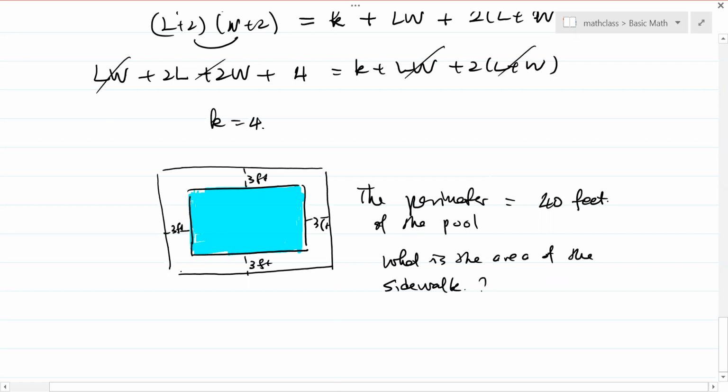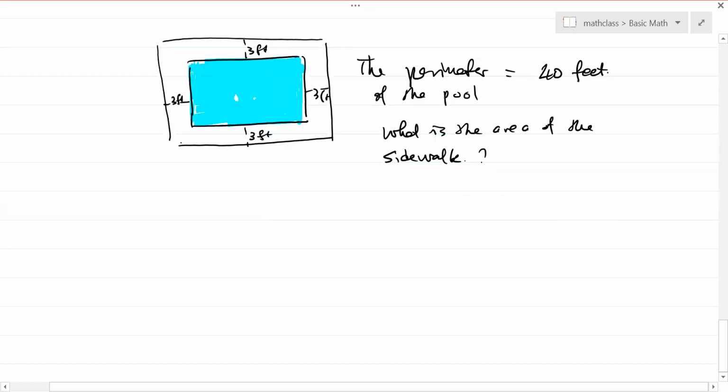Well, what is the area of the sidewalk? Now, think about it. I don't know the dimensions of the rectangle. If I know the dimensions of the rectangle, I can take the area of the swimming pool and the area of the larger rectangle and then take the difference, right? That's called the subtraction method. This subtraction method can still be used, but we don't know the dimensions of the rectangle, right? But that's okay.